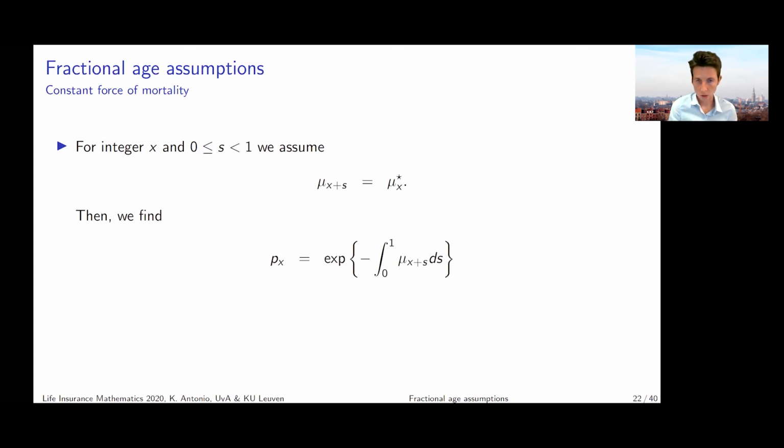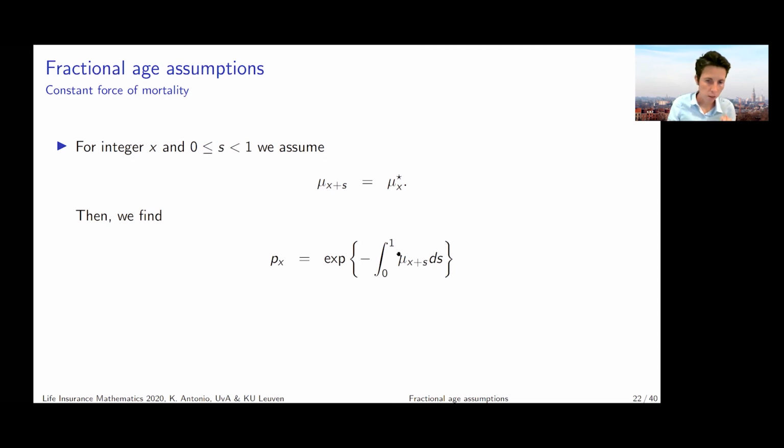Because we discussed last week that if you look at the survival function, you can express it as the exponential of minus an integrated hazard rate. That's a very general expression in statistics. That's also how we can link here the 1-year survival probability, the px, to our force of mortality.